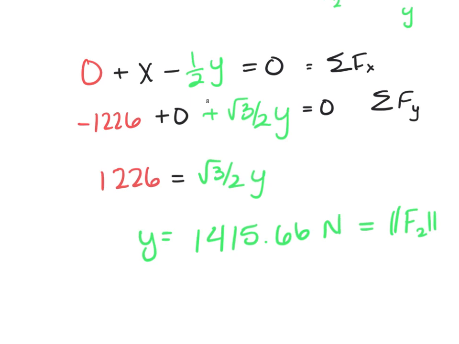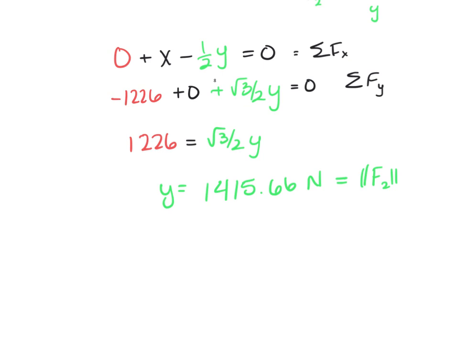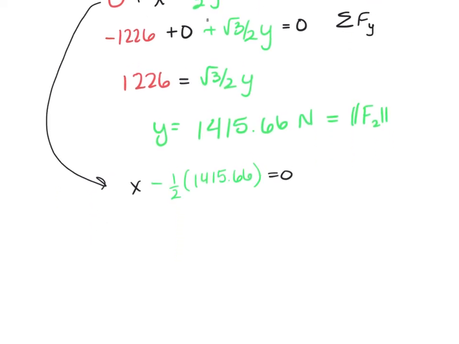Now all I have to do is see whether or not it's going to work out for my x direction. So I'm going to go back to this one. And I have x minus 1/2 multiplied by the 1,415.66, because that was my magnitude, or my y. And this has to equal 0. So my x will be equal to half of that, so we divide that by 2, and the magnitude in that direction is 707.83 newtons.